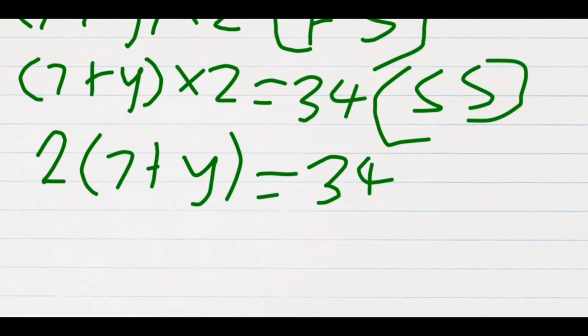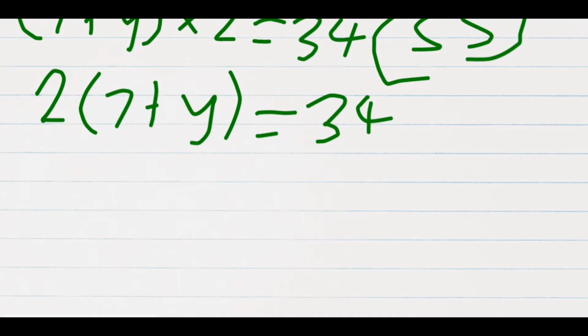So if you open the bracket, you're going to multiply 2 by this and then by this. 2 times 7 is 14. 2 times y is 2y, so I have plus 2y equal to 34.